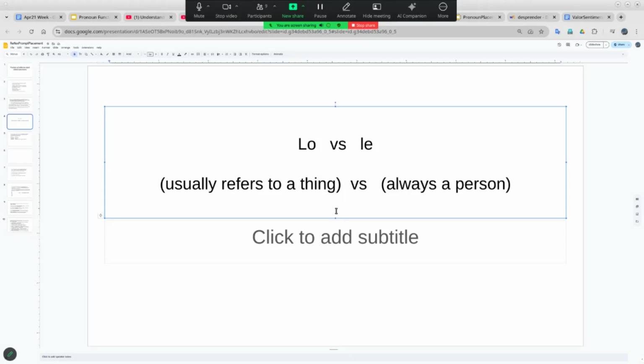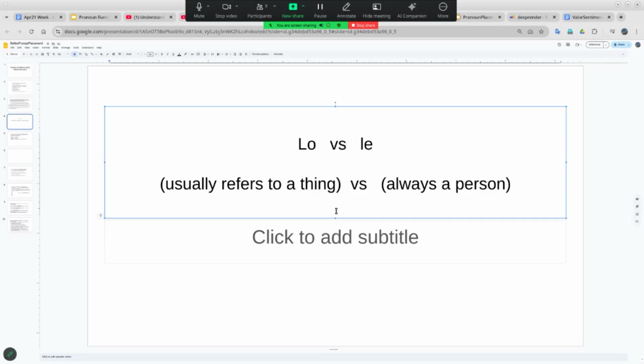You know, like, oh, I'll tell you all about it. What's it? Maybe it's a party. Maybe it is a spicy piece of gossip, right? It is very abstract. But lo generally refers to a masculine gendered thing, or it can be an abstract concept.